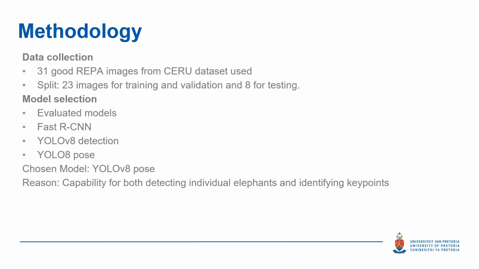We ultimately chose YOLO V8 pose estimation model because it met all our requirements for solving the problem, which was not only detecting the elephant in an image, but also measuring the back length of an elephant. YOLO V8 pose estimation model has the capability for both detecting individual elephants in our image and identifying the key points which we use to measure the elephant back length.